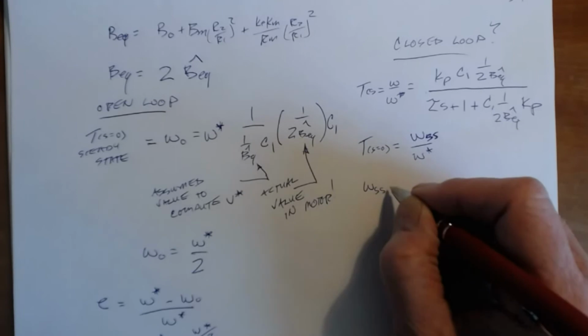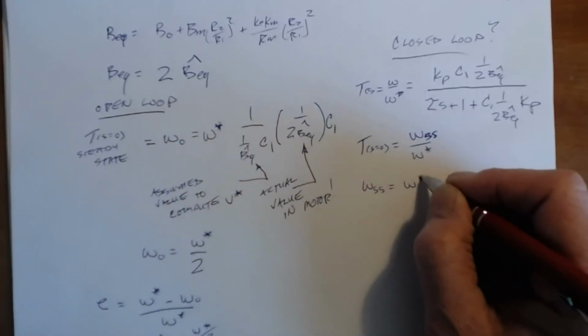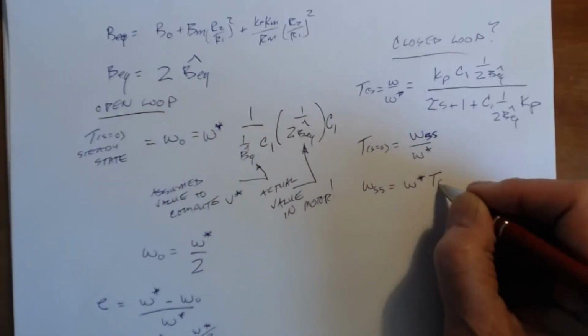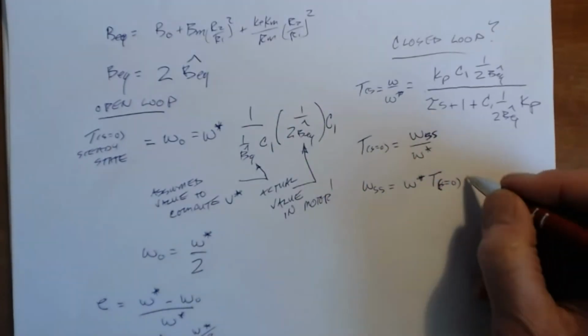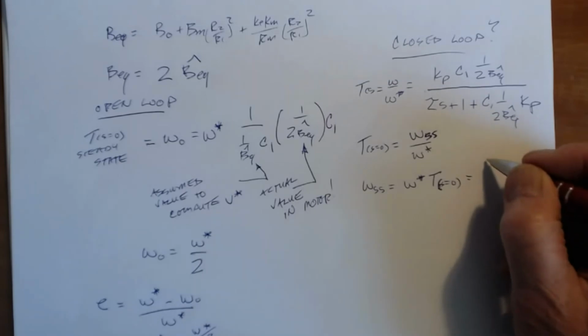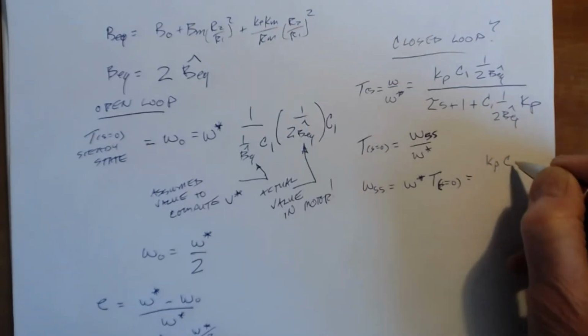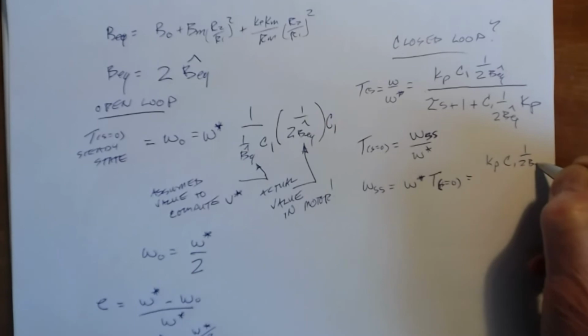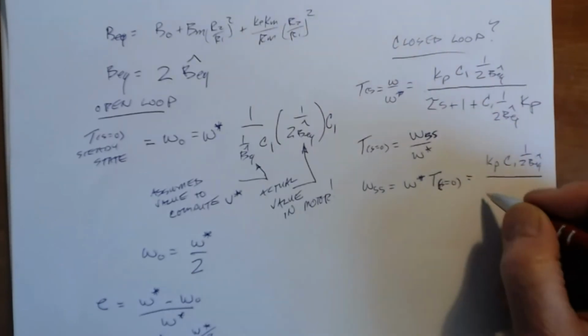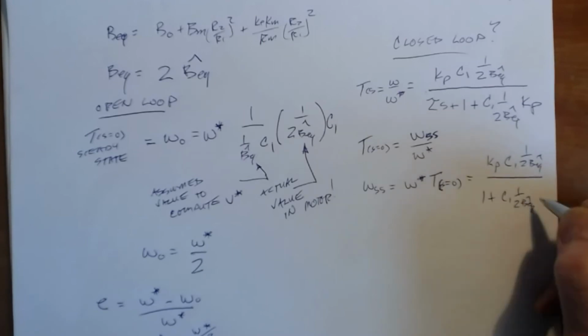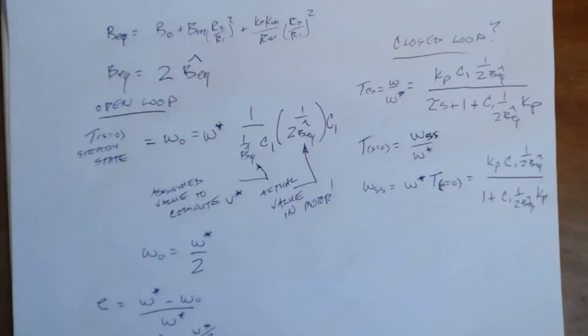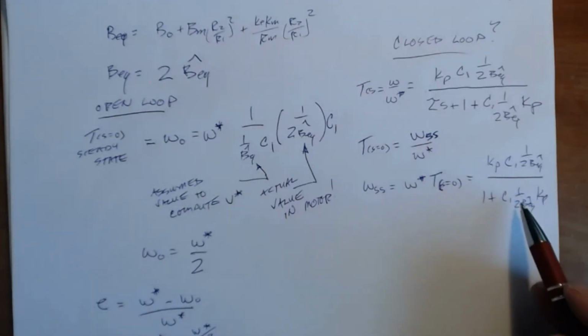Omega steady state is equal to omega star times T of S at S equals 0, which is Kp, C1, 1 over 2 B equivalent hat, divided by 1 plus C1, 1 over 2 B equivalent hat, times Kp. Now you'll notice this is almost 1, but not quite 1.